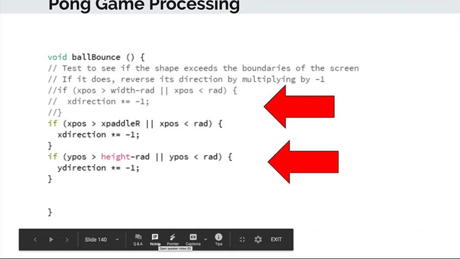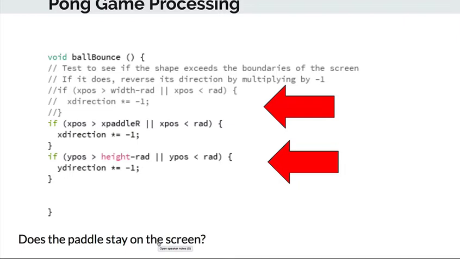If X position is greater than the paddle R X position or X position is less than the circle, do X direction plus or minus 1. If Y position is greater than the height, or Y position is less than the size of the circle itself, the ball, Y direction minus 1.